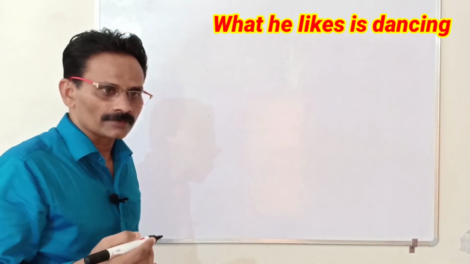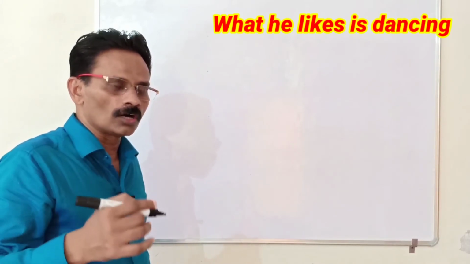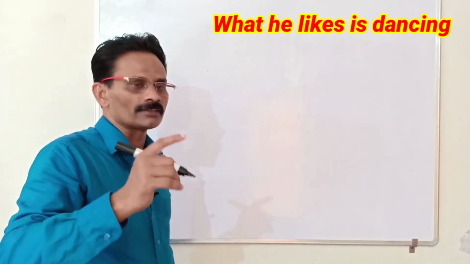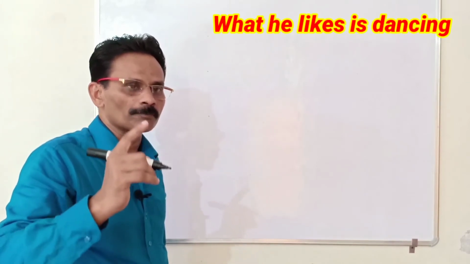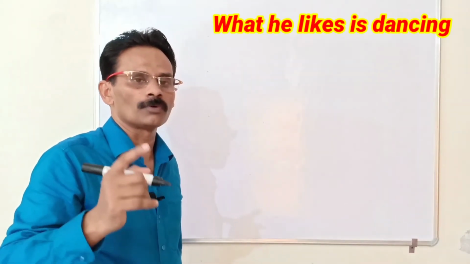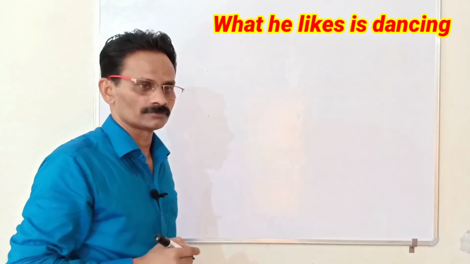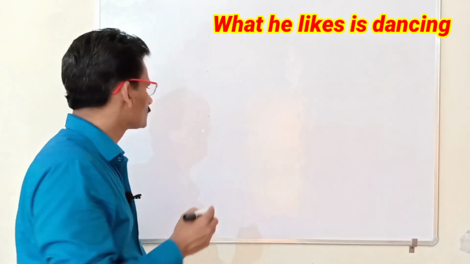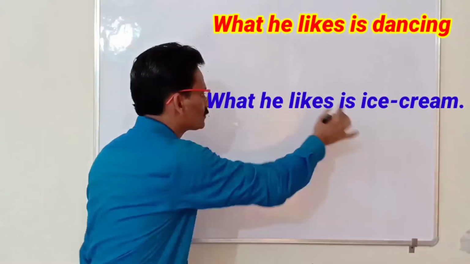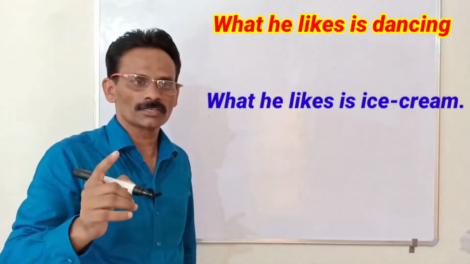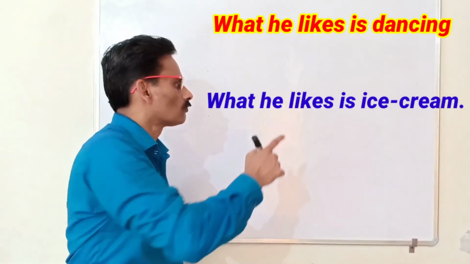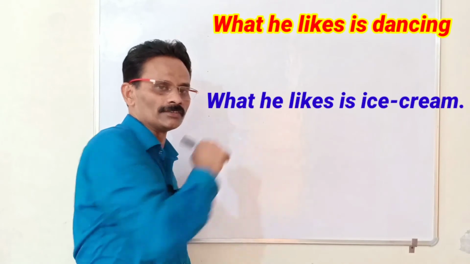We learned already while learning verb and types of verb, is a verb of incomplete predication. It is a complement to the verb of incomplete predication. Let's examine another sentence. What he likes is ice cream. Here you see, ice cream is the complement to the verb of incomplete predication is.